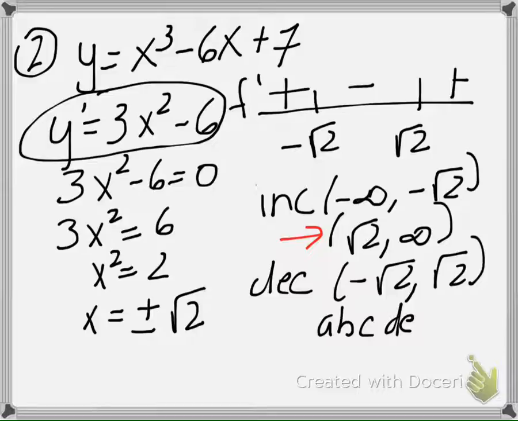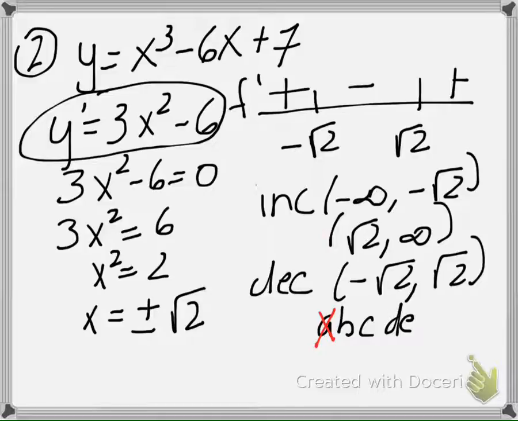It is increasing, and then it's decreasing for all values of x less than radical 2. Well, these would be the values less than radical 2, and those are increasing, not decreasing. So therefore, A cannot be the answer. Okay, so we'll take that out.